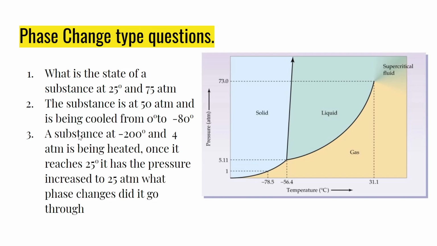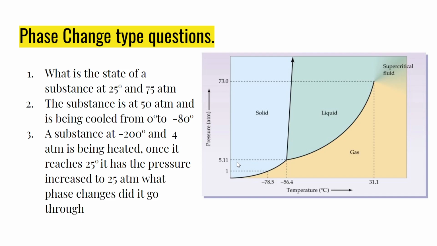The last question, number 3, is saying that a substance is at negative 200 degrees. Okay, so it's really cold, and 4 atmospheres. So it's right about here. Once it reaches 25 degrees, so it's being heated from negative 200 to 25 degrees.